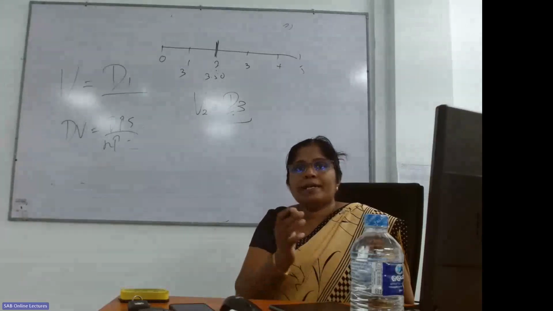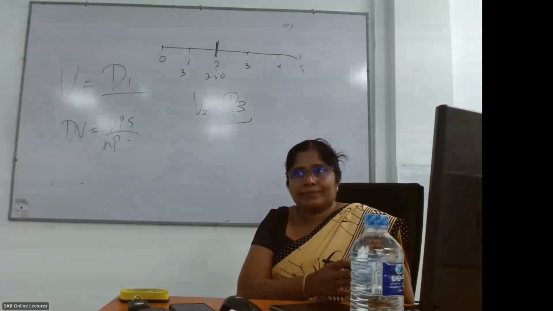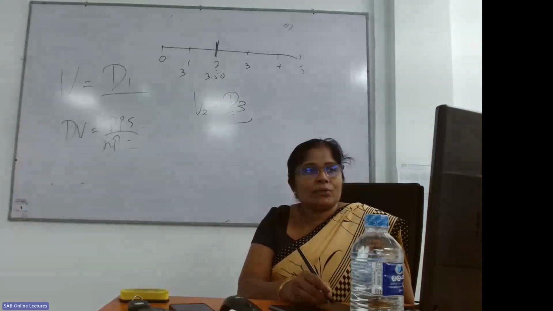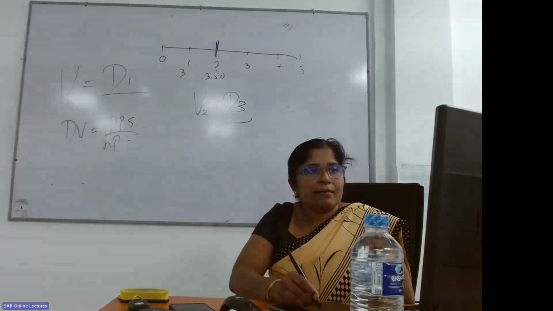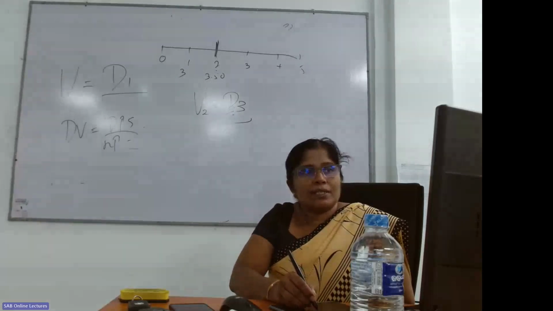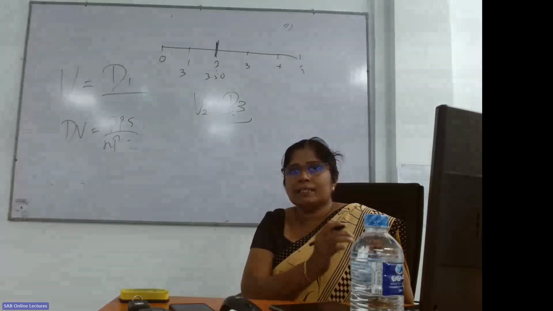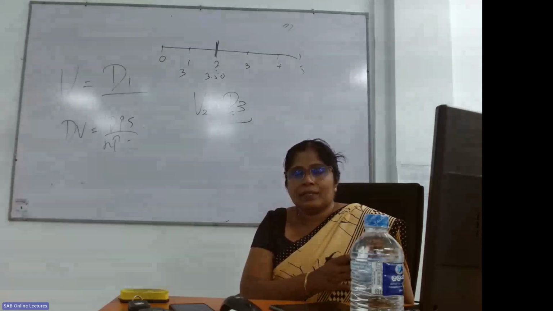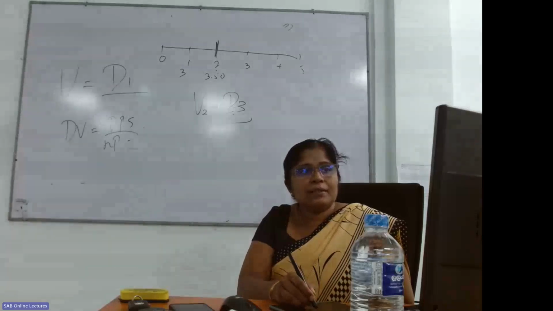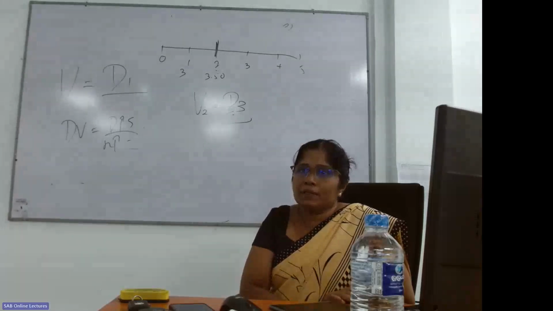Just paid, already paid. So that is D0, right? So you are given here 7 is the D0. D0 is equal to 7 rupees. That is already paid, recently paid, just paid dividend. So then you have to calculate D1, the next period dividend.